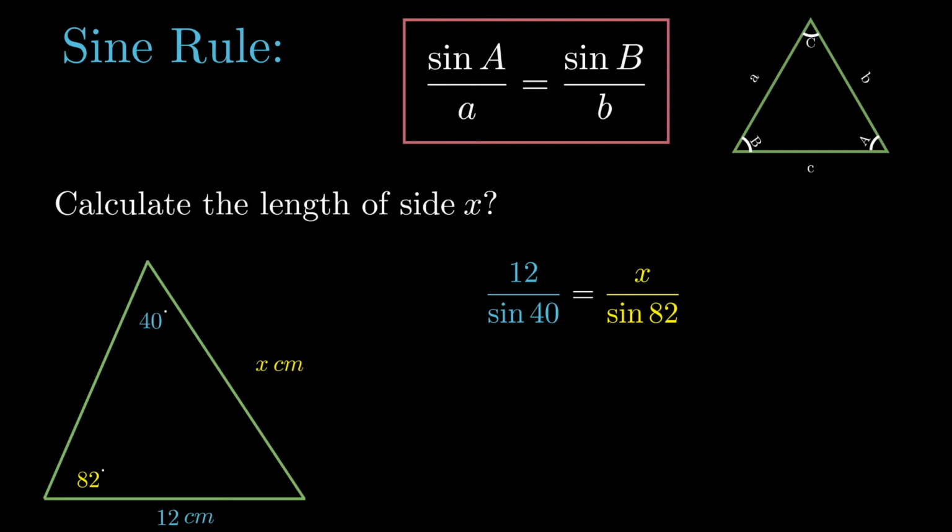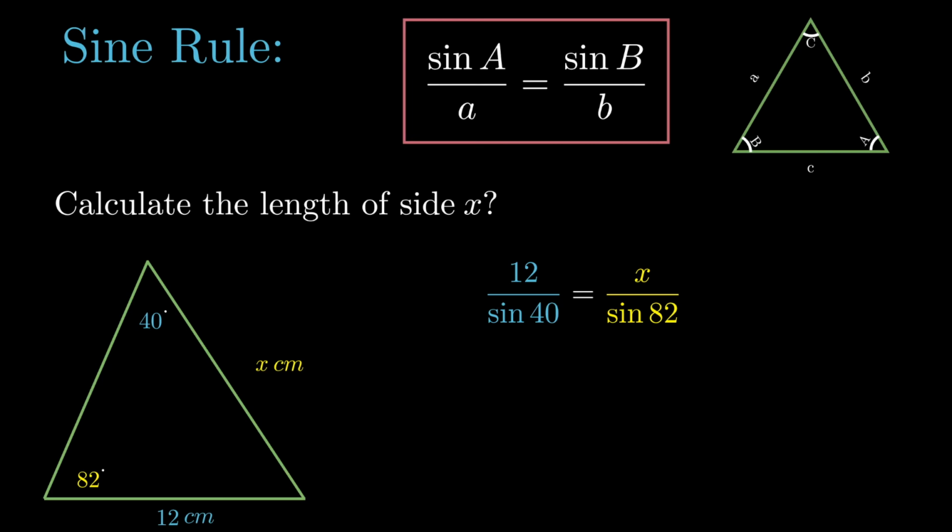So as you can see, the formula that we wrote is 12 over sine 40 is equal to x over sine 82. The side a is 12 centimeters and opposite that is 40 degrees, so that's angle A as sine 40, and side x is the b, and angle B is 82 degrees, so that's sine 82.